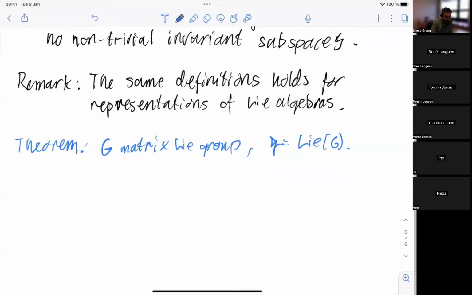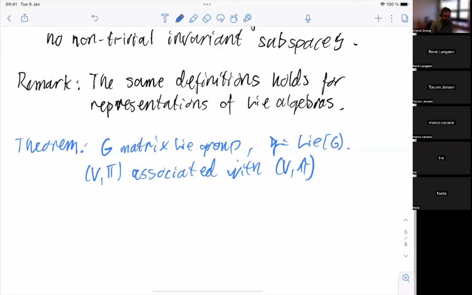And we have a representation V, large pi associated with V, small pi.